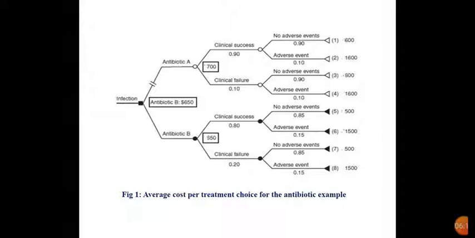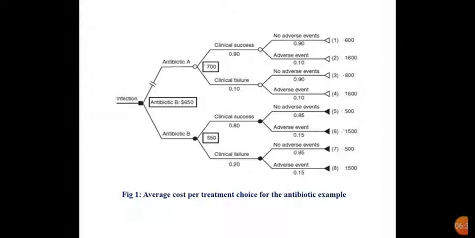So when there is no adverse event, clinical success, the cost is 600 rupees. And when there is a clinical success with an adverse event, the cost here will be 600 for the cost of the therapy, and 1000 rupees for adverse events management.